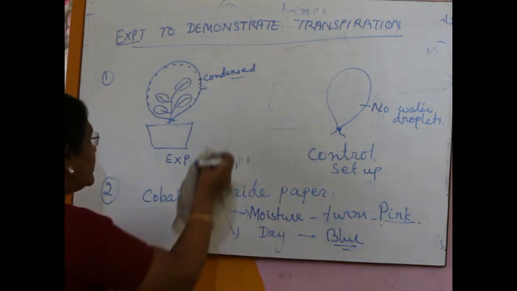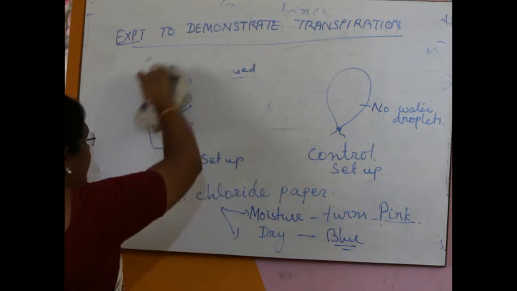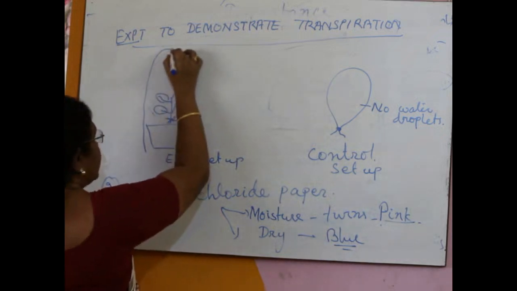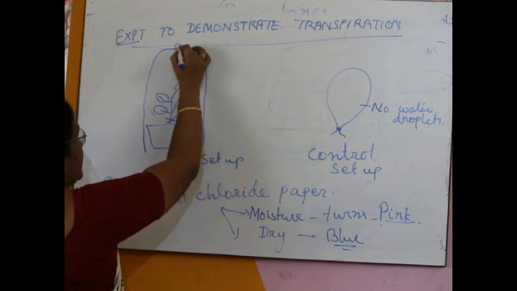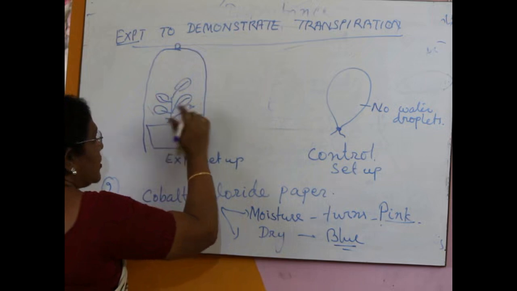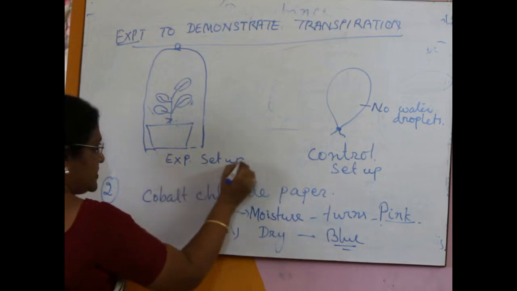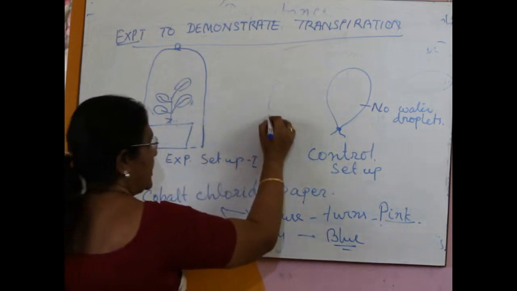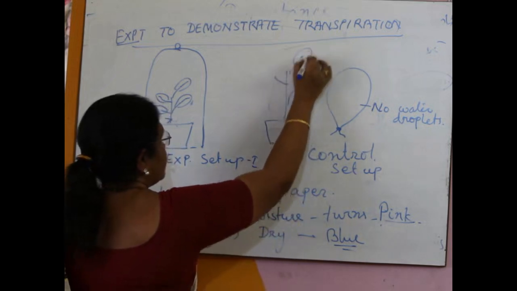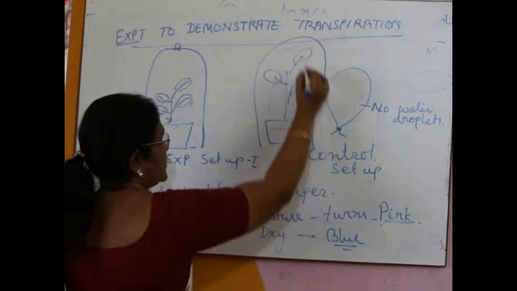This we can do with another experiment in which, instead of a polythene bag, we can take a bell jar. We can take a bell jar in the experimental setup, right? In this bell jar, we can put a cobalt chloride paper. This is one setup, setup one. Another setup you can take with the same type of plant, and cover it with another bell jar.